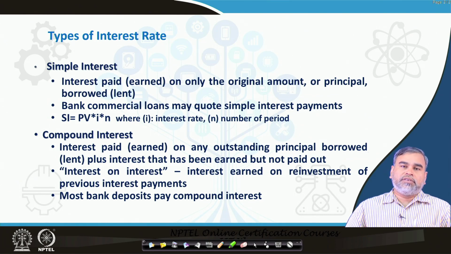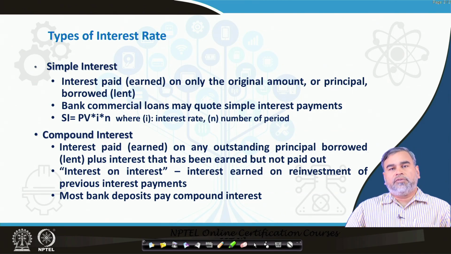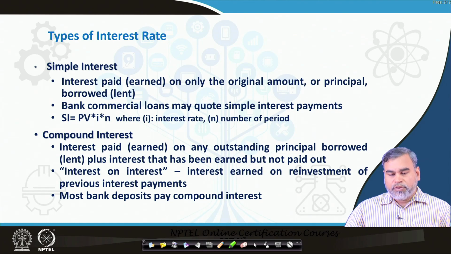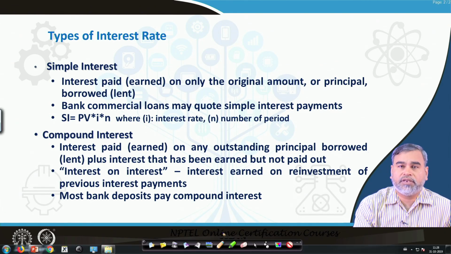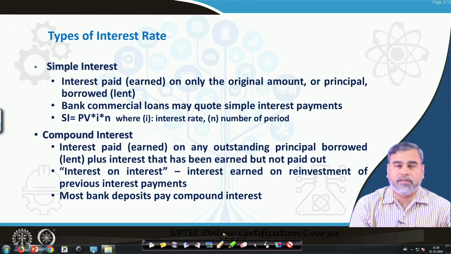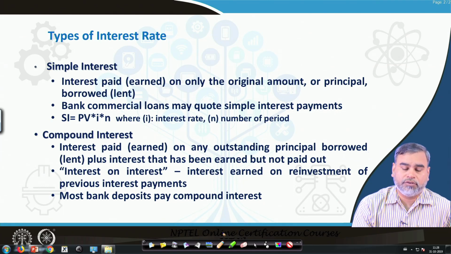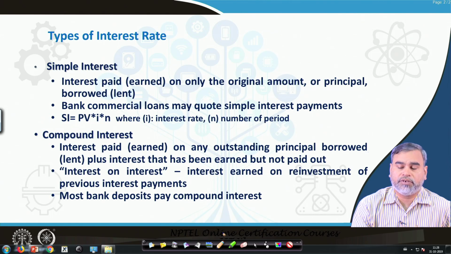Then in the second year, whenever you get the interest, it will be calculated on the basis of that 1100 rupees. So, previously, in the simple interest case, interest on interest is not considered, but whenever you go for compound interest, interest on interest is considered.